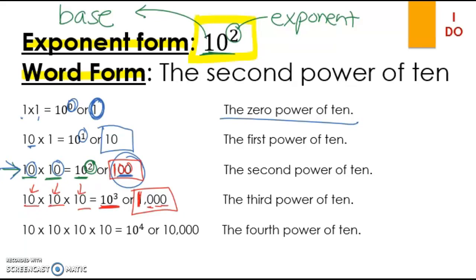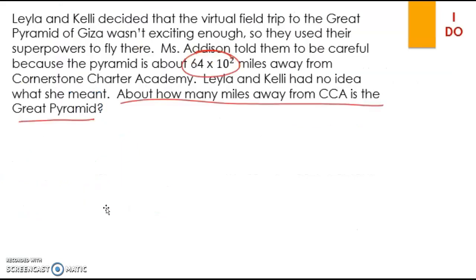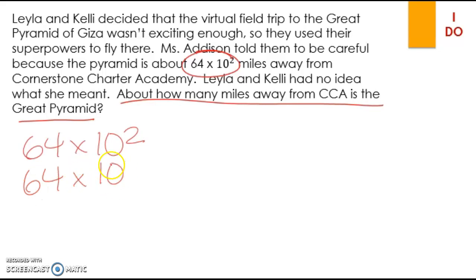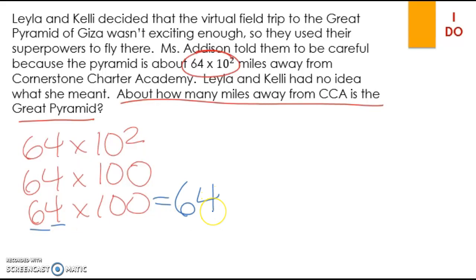So let's go back to our problem. Now we can solve. 64 times the second power of 10 is 64 times 100. 64 times 100 is a pattern. We can use the digits 6 and 4 because it's almost like looking at 64 times 1, which would be 64.